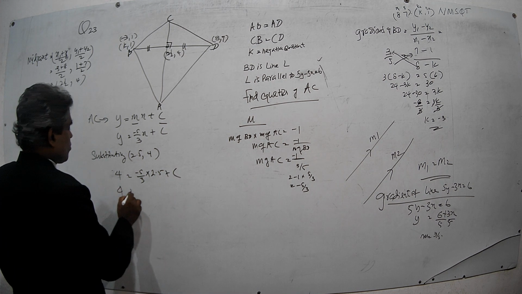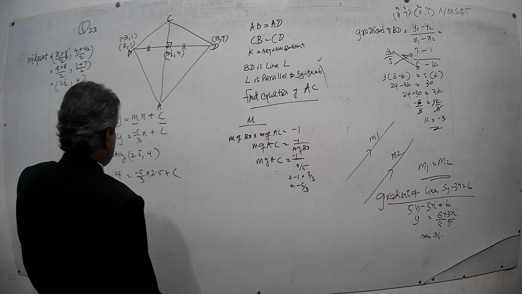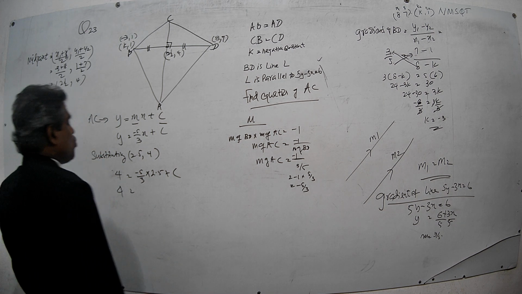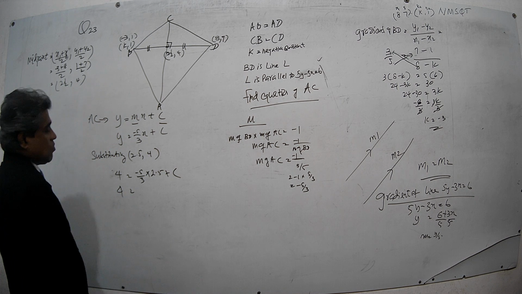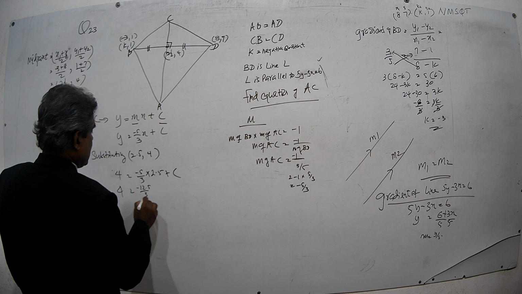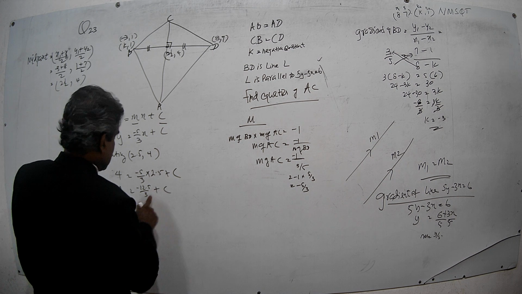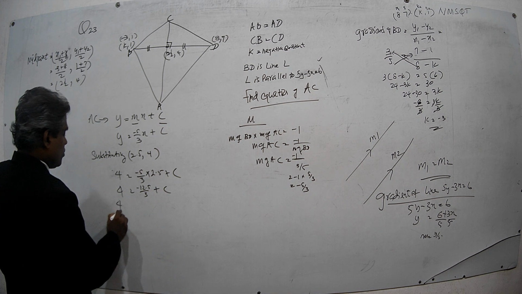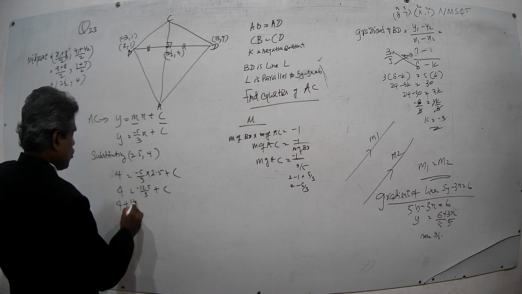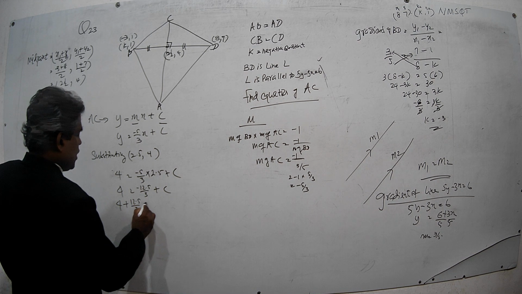Then 2.5 times minus 5 is minus 12.5, over 3, plus c. Take this to this side: 4 plus 12.5 over 3 equals c.